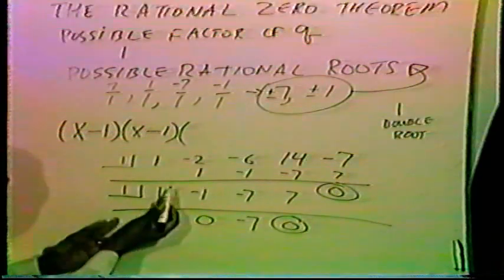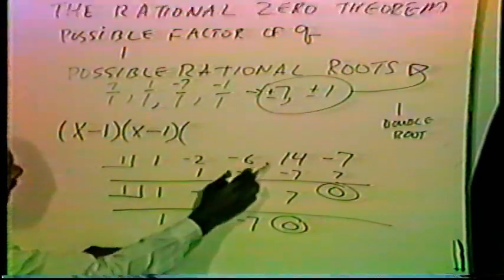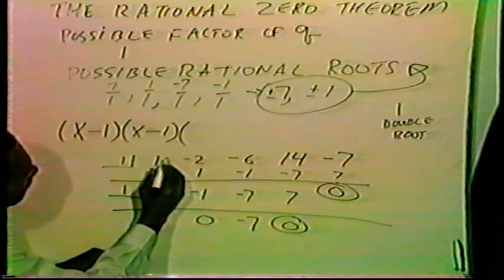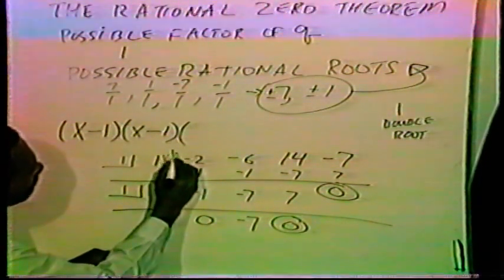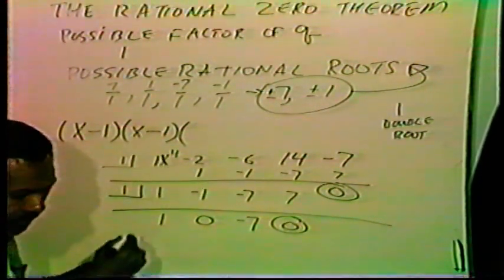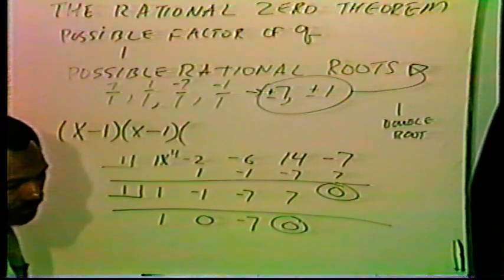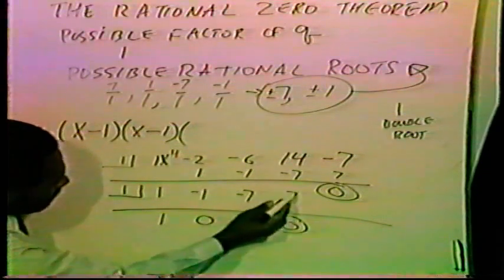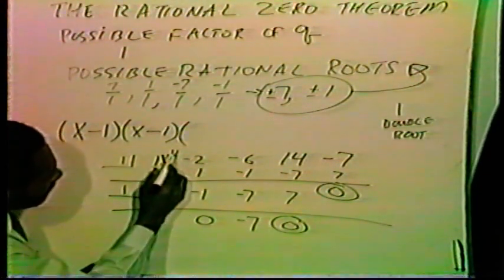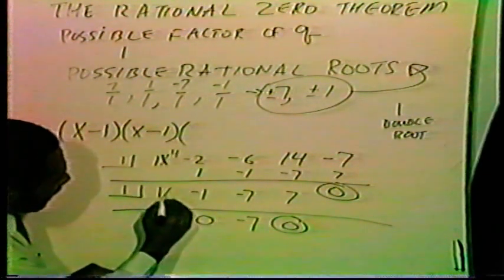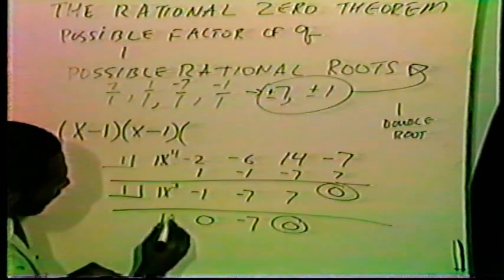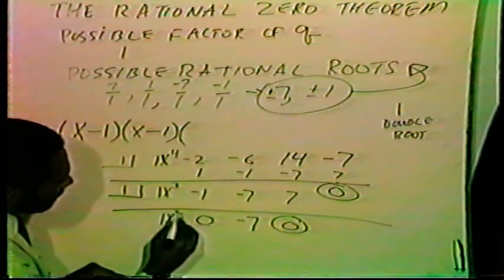So we have to recall, though, that in the original polynomial, the leading term was x to the 4th power. That's what we had in the original polynomial. So that means that the bottom row here would be 1 degree less than that. This would be x to the 3rd power, and our final row we would have x to the 2nd power.